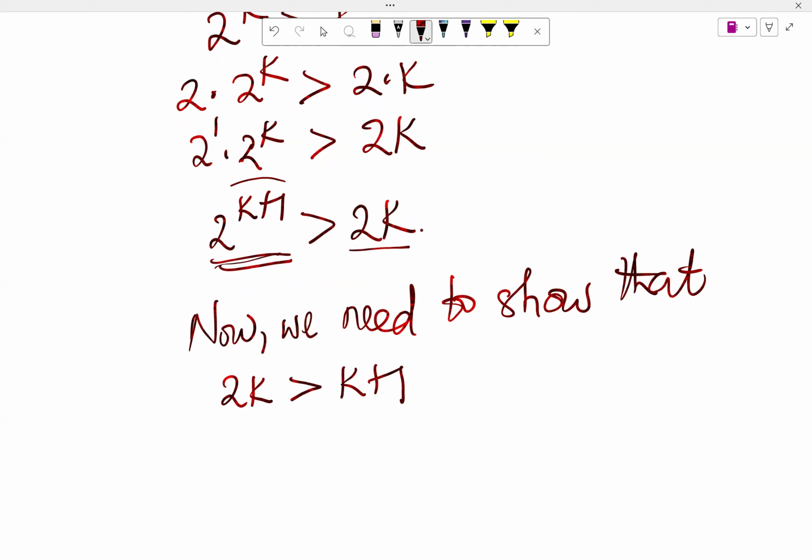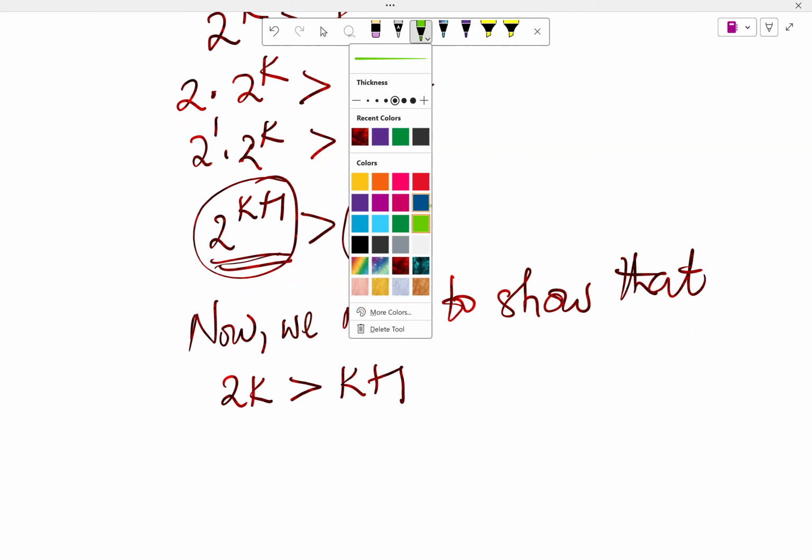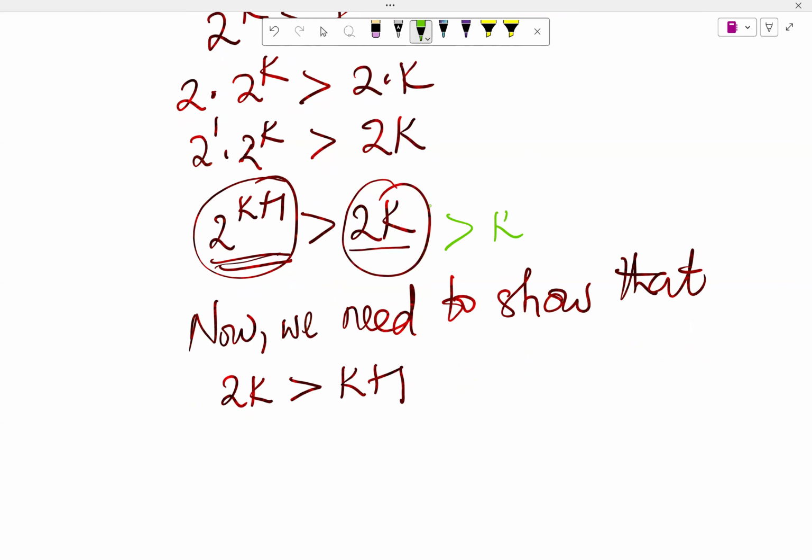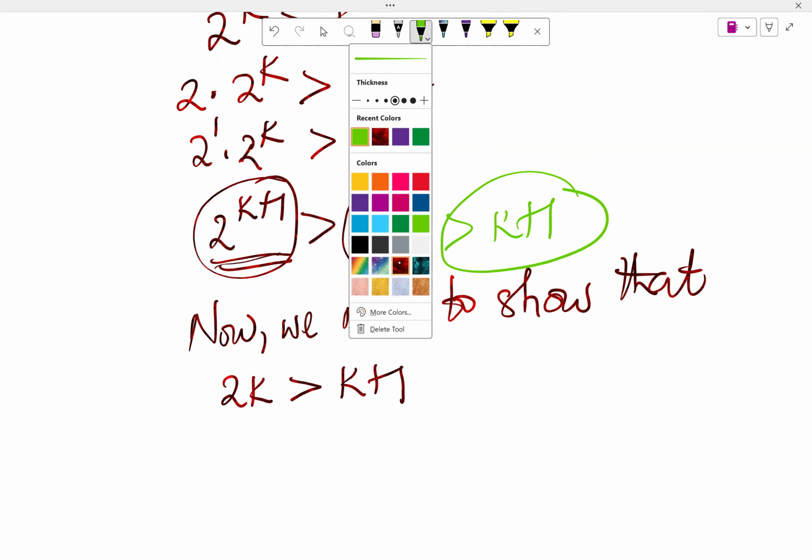If 2k can also be greater than k plus 1, then we have the deal we want. So that's what we want to do finally here. This is what we need to show next.